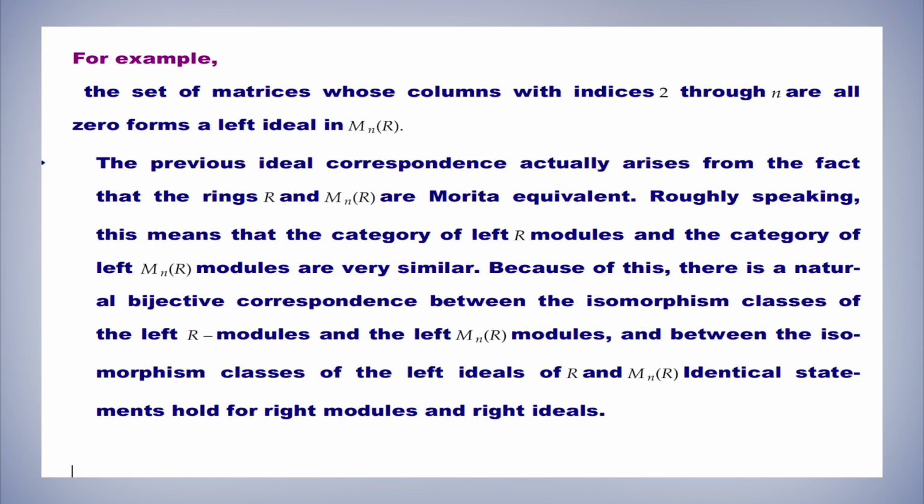Because of this, there is a natural bijective correspondence between the isomorphism classes of the left R modules and the left Mn(R) modules, and between the isomorphism classes of the left ideals of R and Mn(R). Identical statements hold for right modules and right ideals.